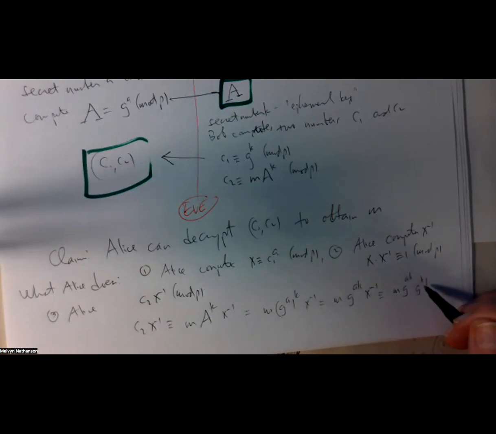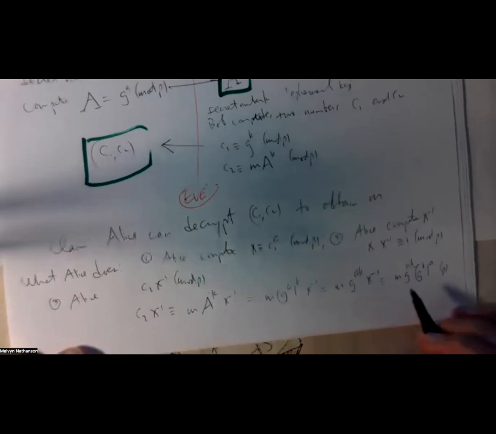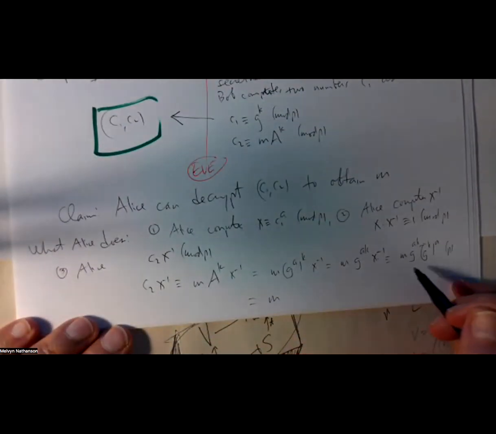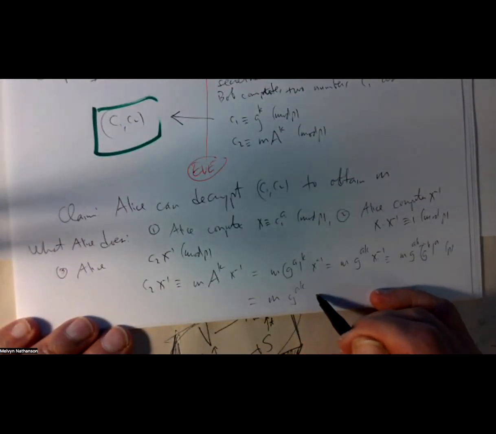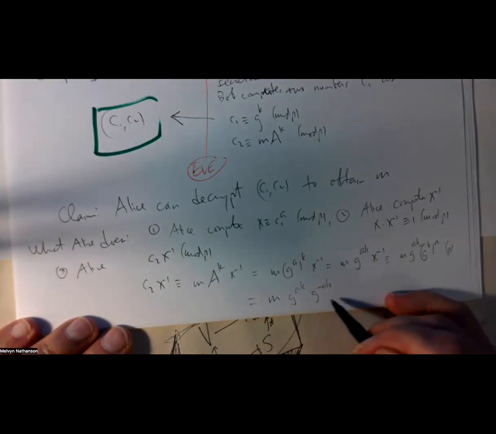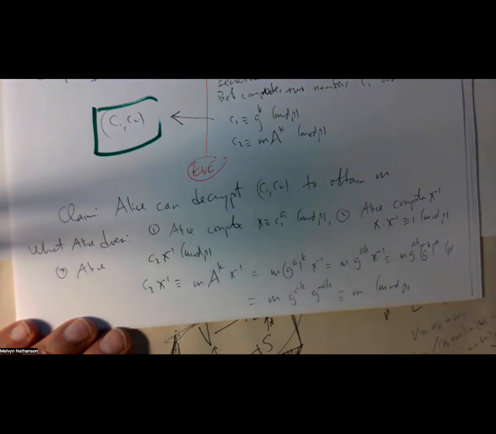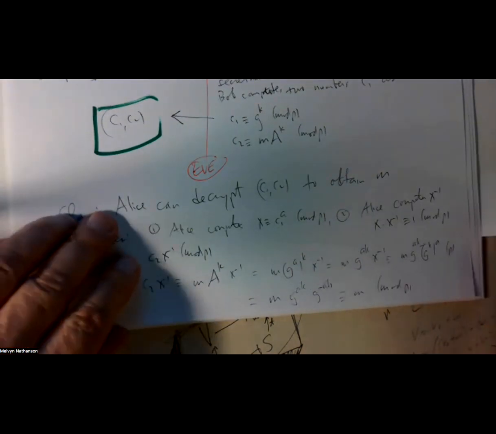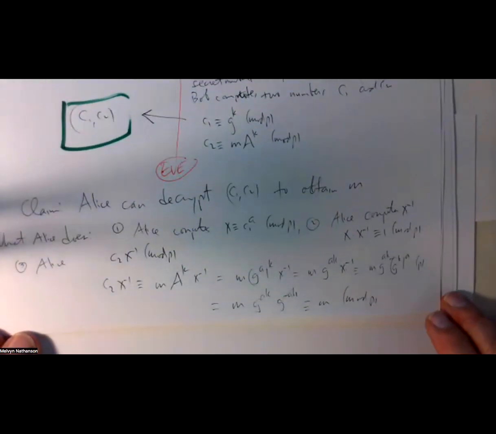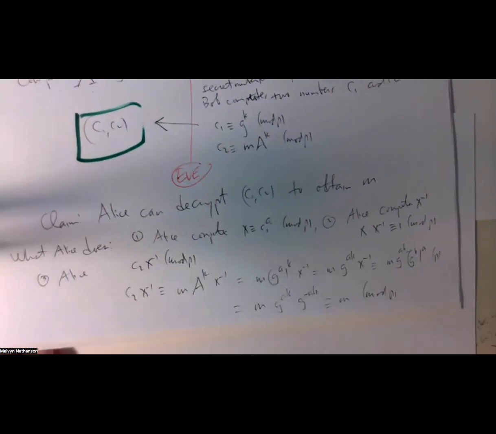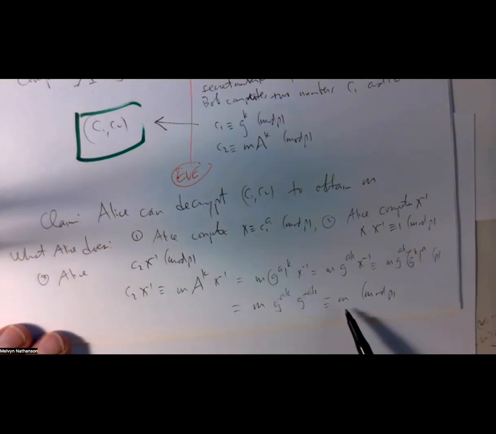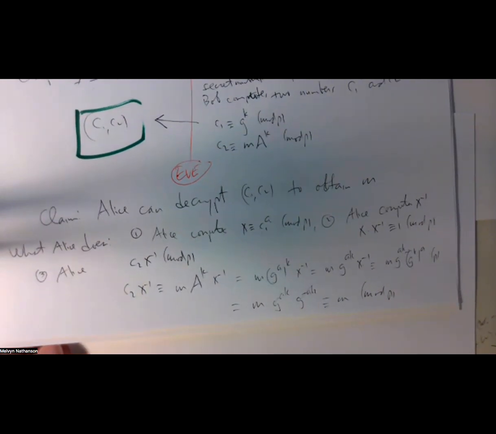C1 is G to the K, to the a, mod P, inverse. This is M, G to the aK, G to the minus aK. These cancel. You just get M mod P. So this is the miraculous calculation. From C1 and C2, Alice recovers the message M.